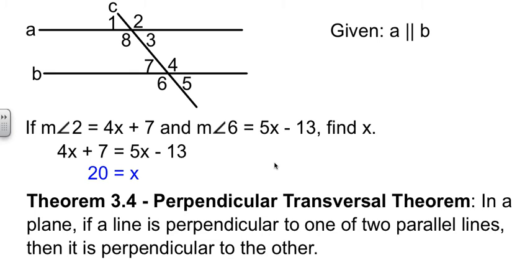If you look at the lines on your notebook paper, all those lines going across the page are parallel. The margin line that goes down the left side is perpendicular to the top one. Well, it's perpendicular to the next, and the next, and the next, and the next, and the next. And it continues being perpendicular all the way down. Okay, that's what this theorem is saying. If you know it's perpendicular to one of the lines, it's going to be perpendicular to the rest of them, provided they're all parallel.